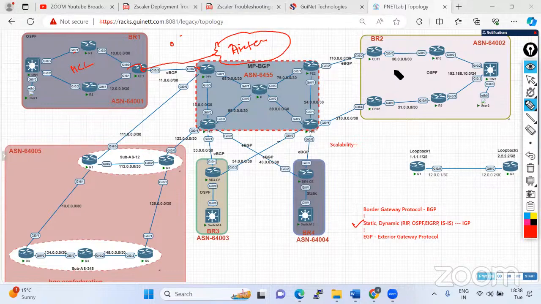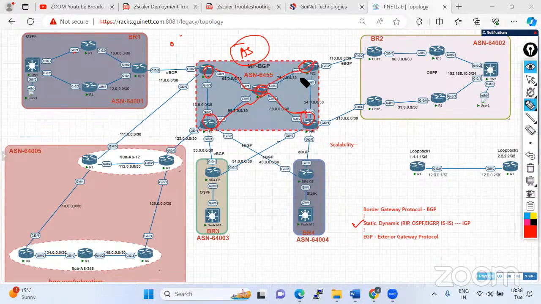An autonomous system is a collection of IP network devices, routers, switches, L3 switches, might be firewalls, that belong to a single organization. Simply, it is a collection of multiple routers, switches, and firewalls capable of running BGP within the organization. That's the autonomous system, right?